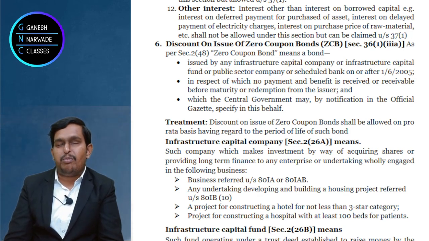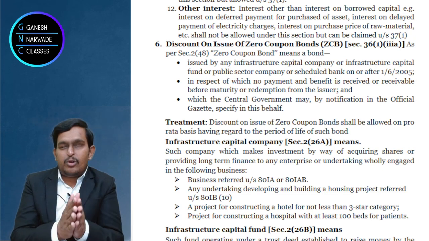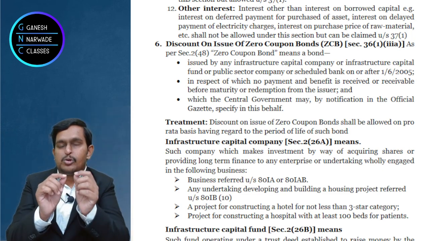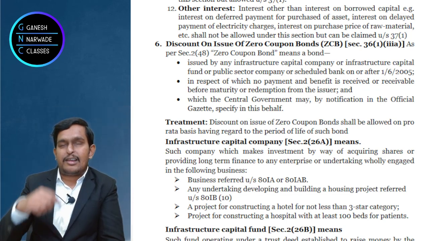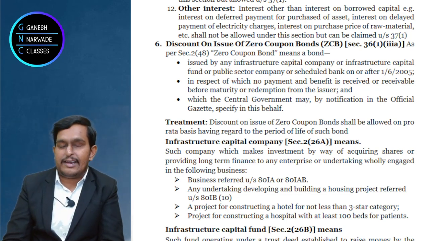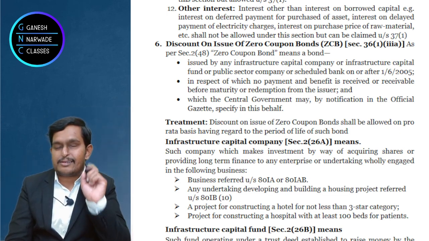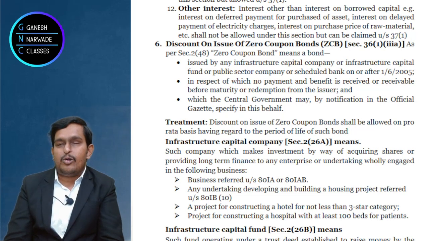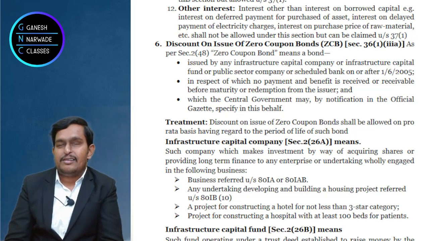Now the special point is, a normal loan, what will happen? Suppose you took a loan from a bank, you pay interest to the bank regularly every month, correct? This is a normal loan, which we discussed just before. But in zero coupon bonds, they don't pay anything during the period.